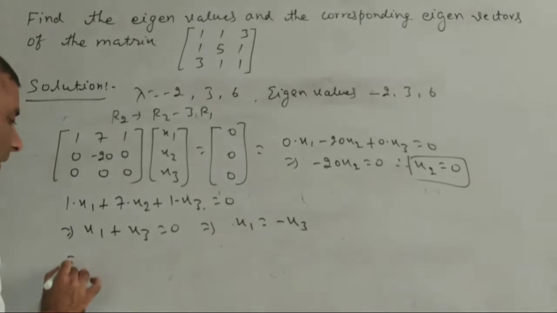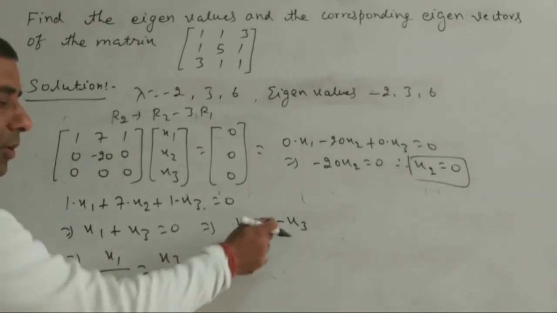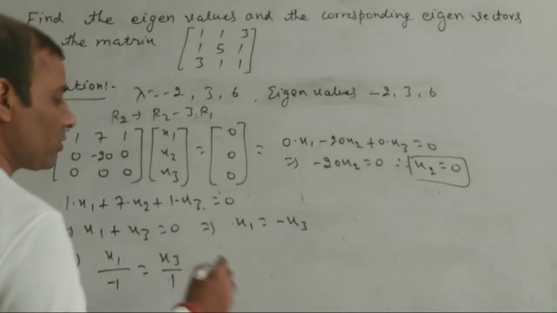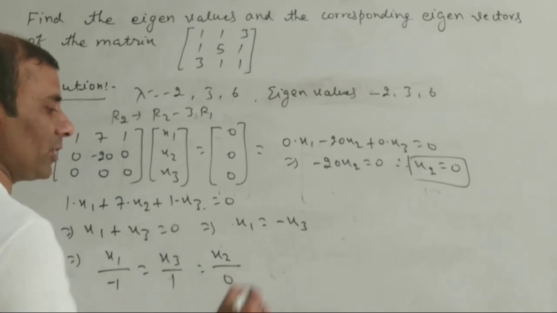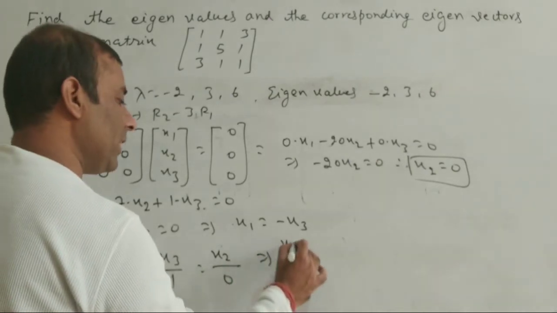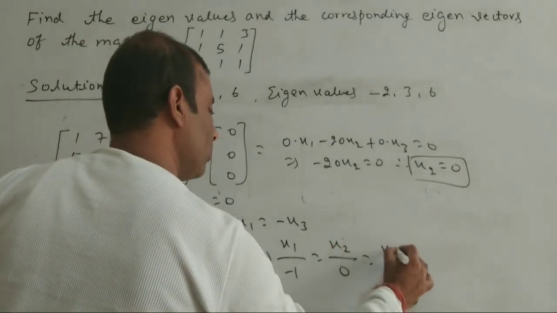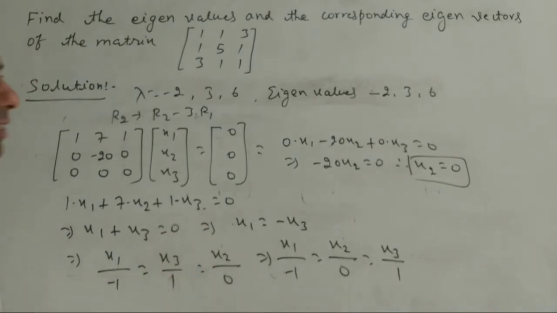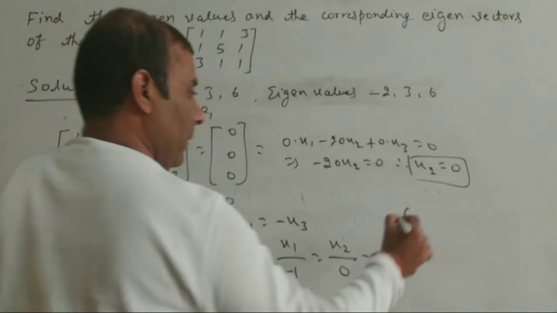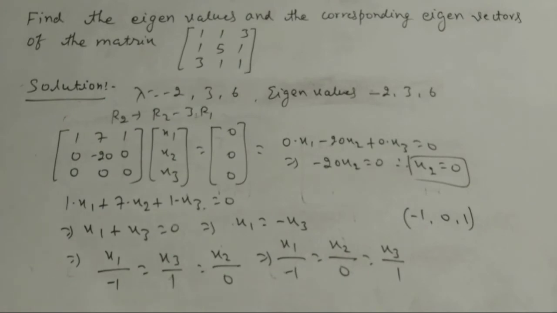It can also be written as x1 upon minus 1 equals to x3 upon 1, and x2 equals to 0 can be written as x2 upon 0. That is x1 upon minus 1 equals to x2 upon 0 equals to x3 upon 1. So the value of x1, x2, x3 is minus 1, 0, 1.